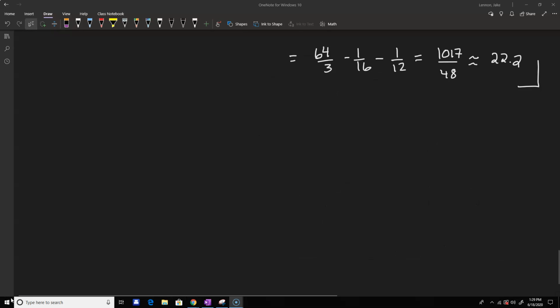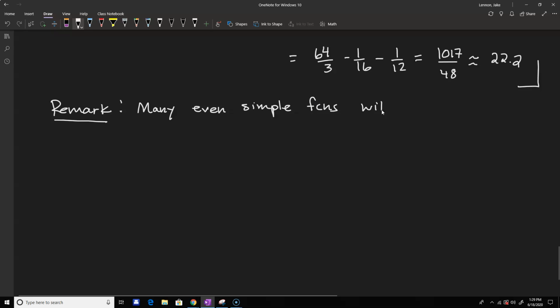That's pretty much it for arc length integrals. I'll say one more thing, so here's a remark. Many even simple functions will have arc length integrals that cannot be done by hand.